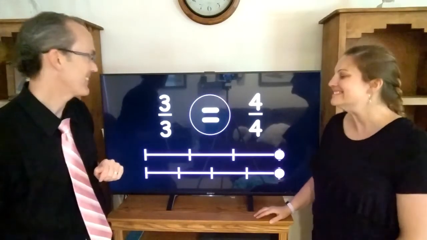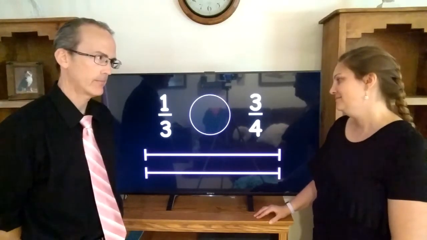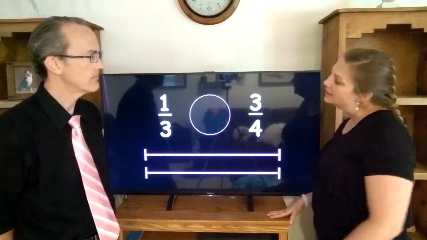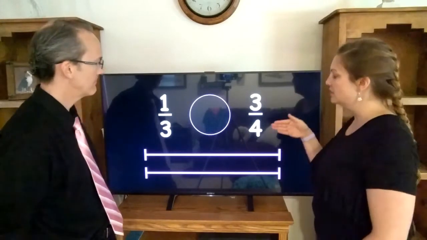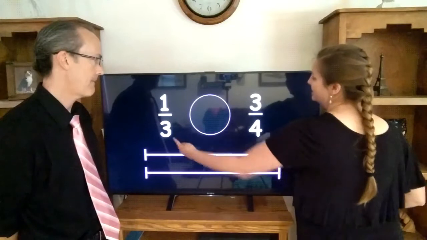Next, 1/3 and 3/4. Which one do you think is greater? Well, this one has more pieces, but the pieces are smaller. This one has less pieces, but the pieces are bigger.